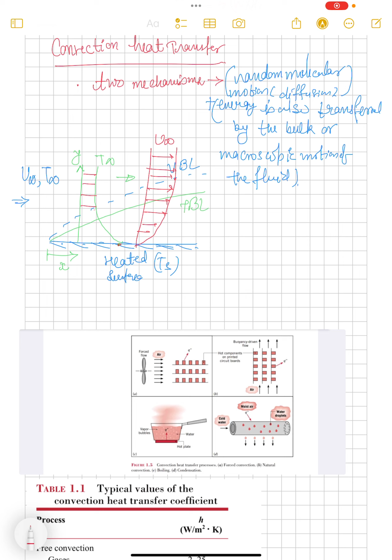We are not drawing the arrow here because temperature is a scalar quantity, whereas velocity is a vector quantity. So this is the temperature distribution as a function of y, and this is the velocity distribution, u as a function of y.